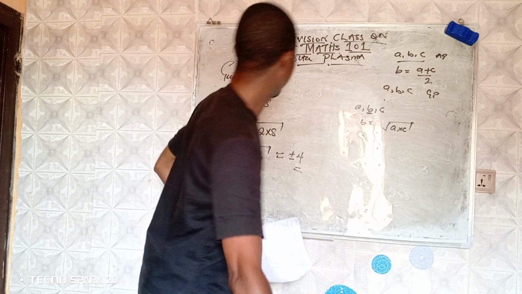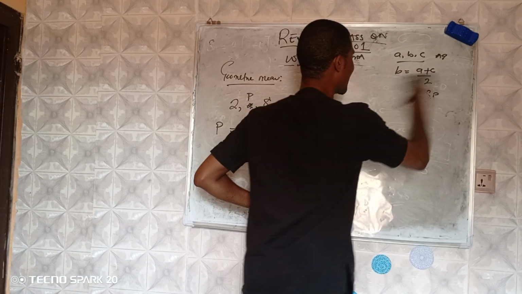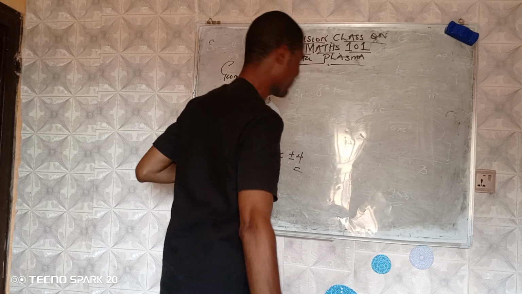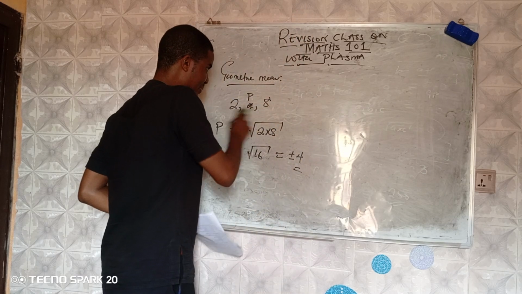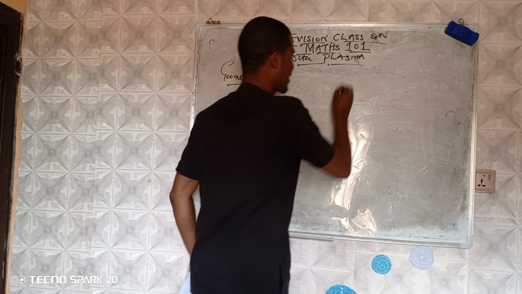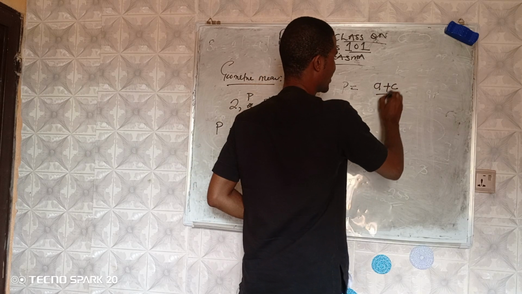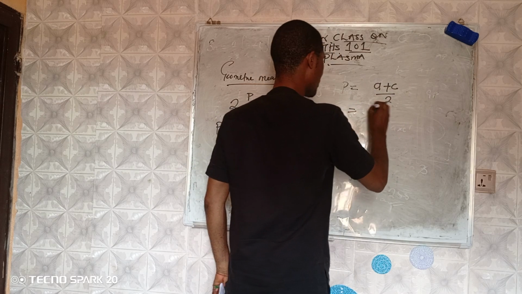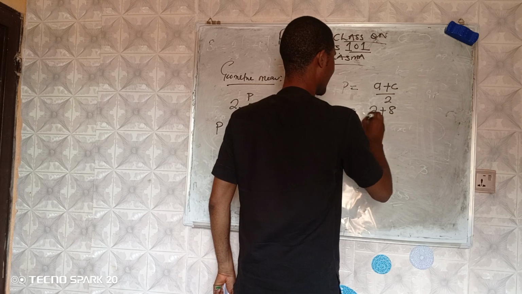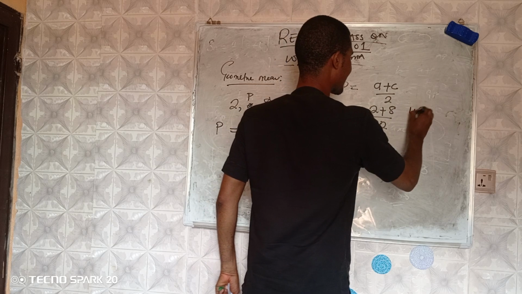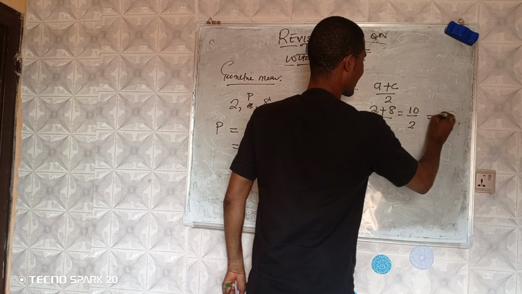If it were to be arithmetic mean, if this was to be an AP, to find the P will be equals to A plus C over 2, which is 2 plus 8 over 2. This is 10 over 2, and this is 5.